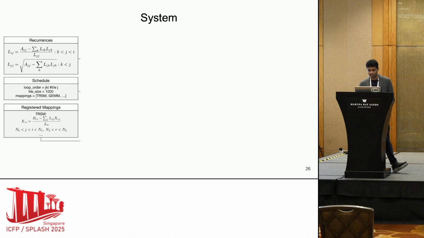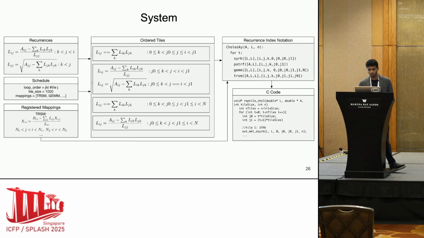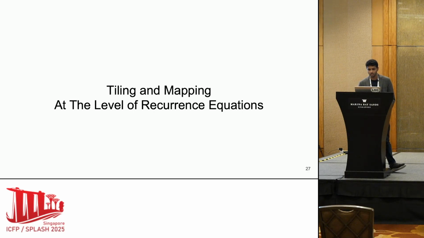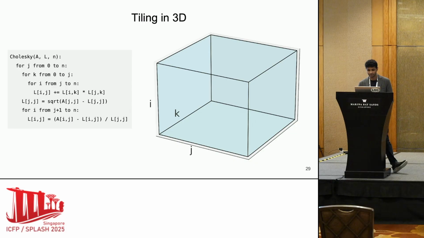We're going to generate each tile, deduce what its associated recurrence is, shown in the middle, and then we're going to lower each tile one at a time to generated loops or a library call. So how does this compiler actually work at the equational level? I'll walk through an example of how REPTILE would do this for a Cholesky decomposition, as I've shown before, same triangle.